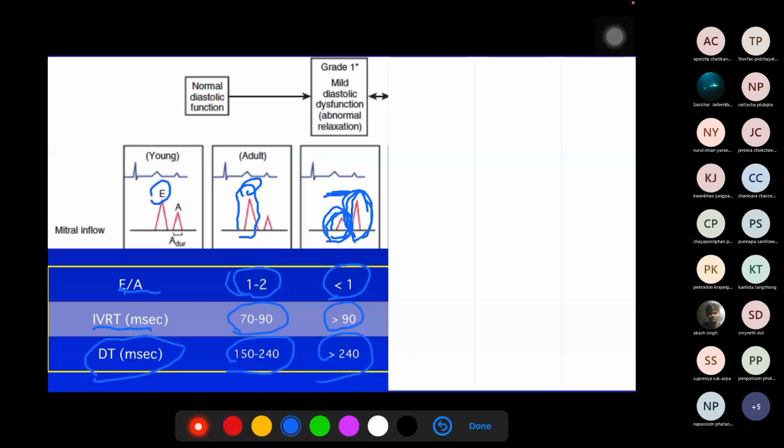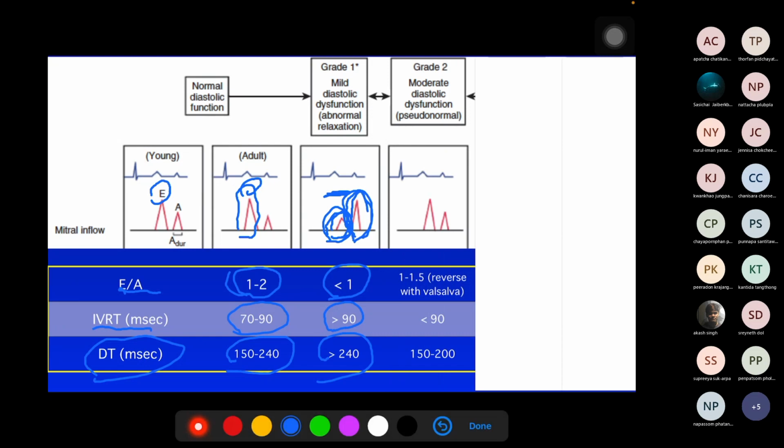So the filling of the blood to the LV is not good. Then it's back pressure to the LA. The LA accumulates more volume and more pressure for a long time. Then it starts grade 2 diastolic dysfunction. It's called the pseudo-normalization pattern.